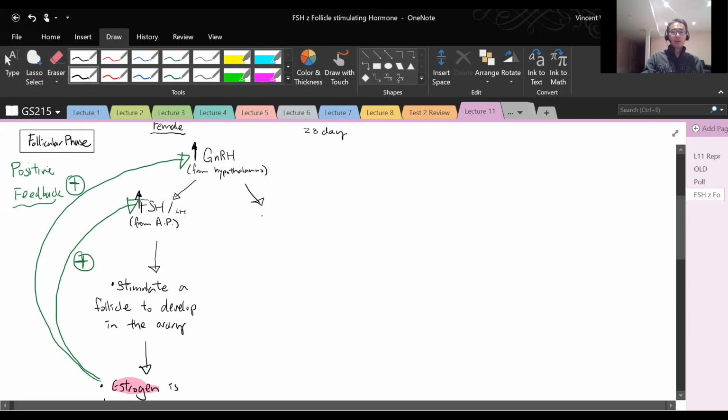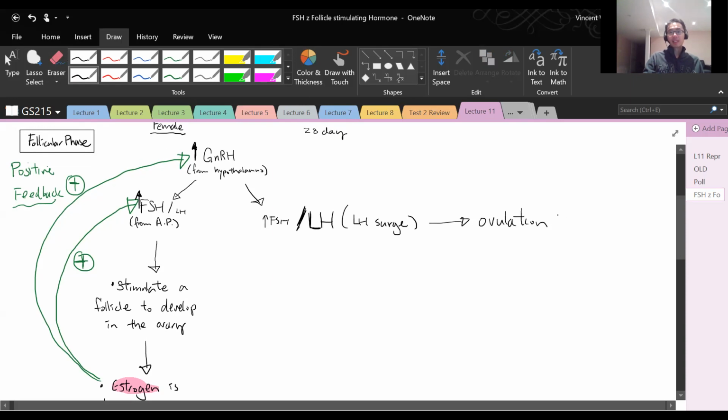But first, we're going to have increased FSH, but this time around, you're going to have more LH. And this sudden increase in LH, we call that an LH surge. The LH surge is going to result in ovulation.